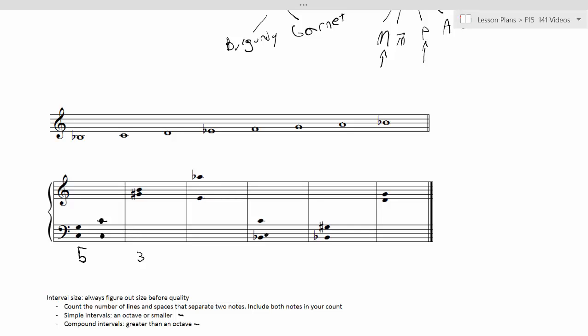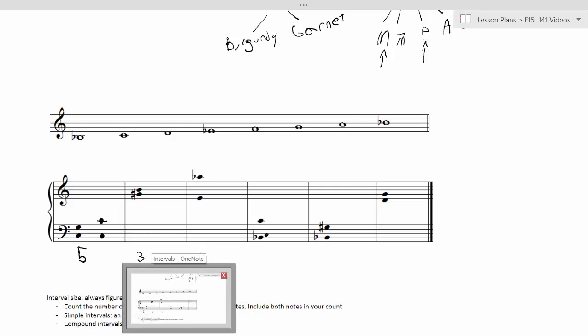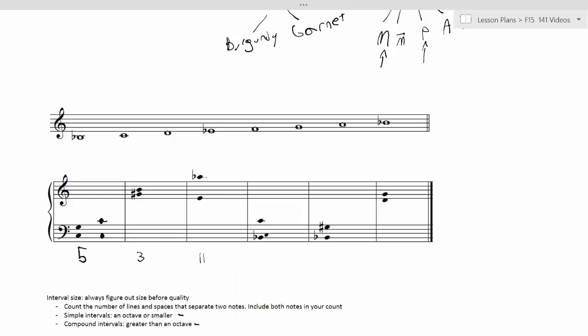So let's figure out what the size is here. So E up to A flat. So E is 1, 2, 3, 4, 5, 6, 7, 8, 9, 10, 11. Okay, so this is an 11th. If I wanted to know what this was as a simple interval, I could just lower this A flat by an octave. Okay, and then count the size again.